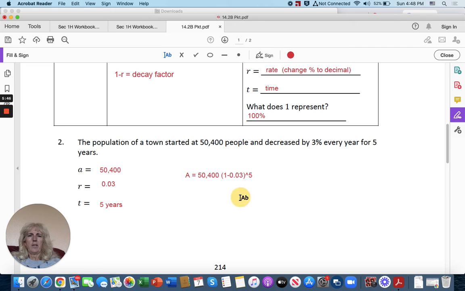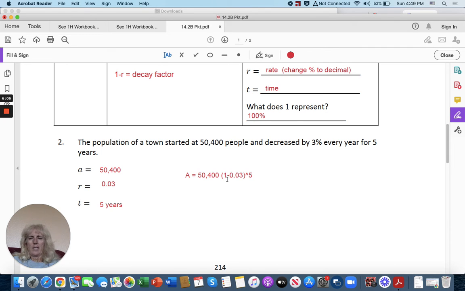So when you're doing it on the calculator, you need to do this part first for order of operations. So on the calculator, we're going to go 1 minus 0.03 equals, it tells us 0.97.